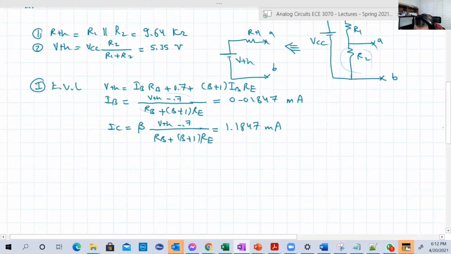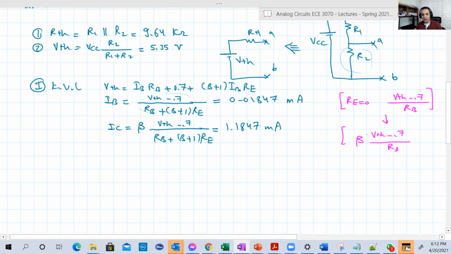So let's do that. The original expression of IB with no RE, if RE is equal to 0, will be something like this, (VTH minus 0.7) over RB. That's it. So from that, IC will be (VTH minus 0.7) over RB, and beta in front of all of that. So look at this. Compare this term with this term, which is more stable, or which is sensitive to beta.